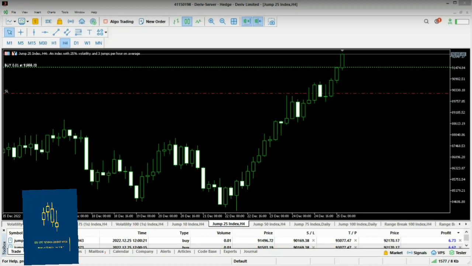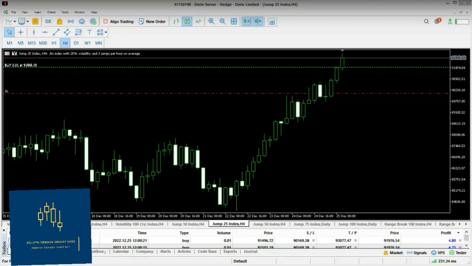We actually have 4 instruments on our list this week. On three we are expecting a sell opportunity, but on J25 we are expecting a buy. That VO is for buying opportunity.